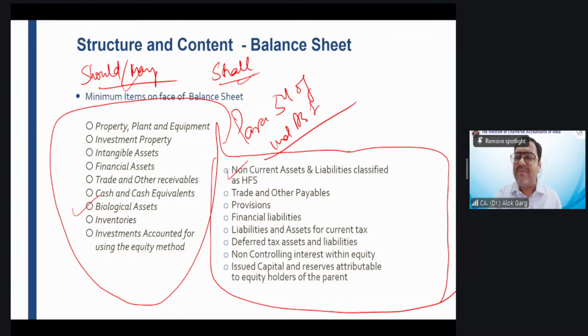If these line items are not applicable, what is the benefit of presenting them as current year figure 0, previous year figure 0? So you are not required to provide these line items as 0, 0.